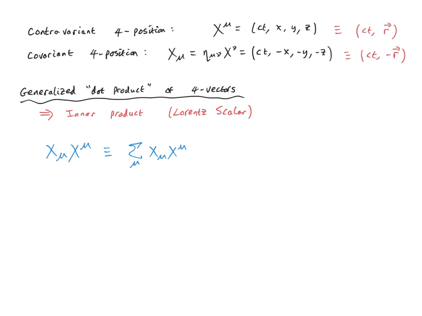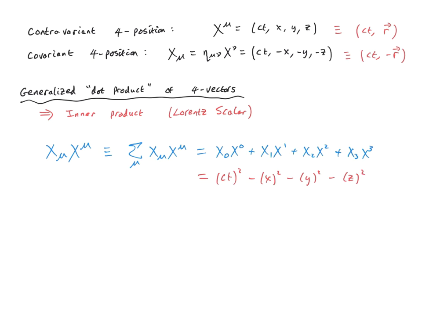And of course now we can just write out component by component what this product corresponds to, because we know term by term the elements of our contravariant and covariant 4-position. Term by term we just get these 4 objects, and if we plug in the actual values of these things, we see that this is equivalent to c t squared minus x squared minus y squared minus z squared.